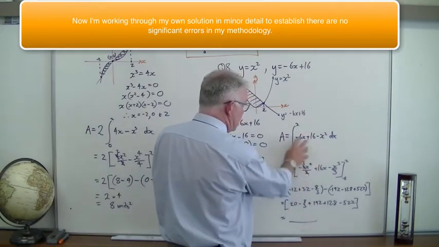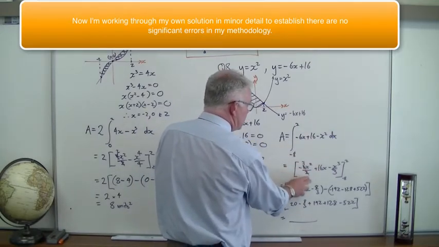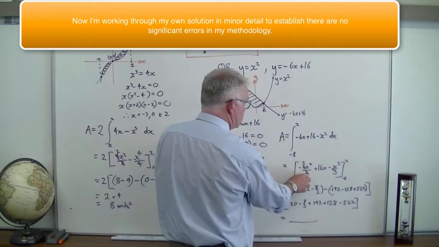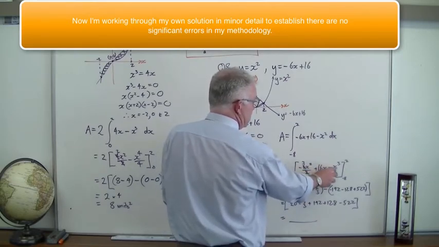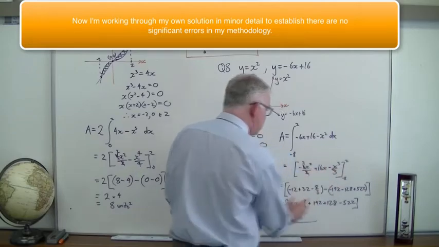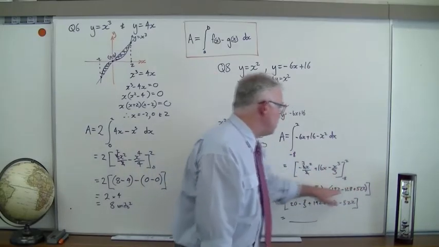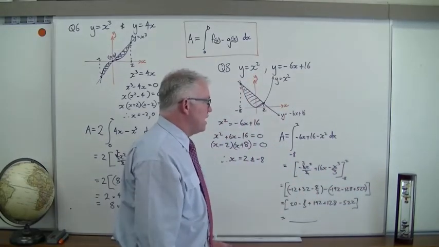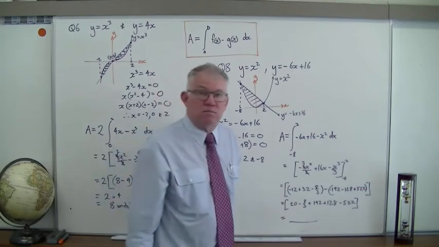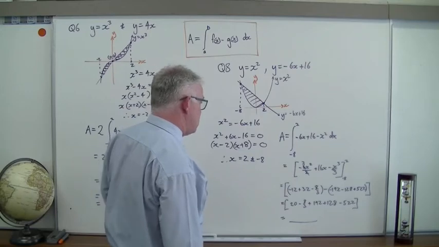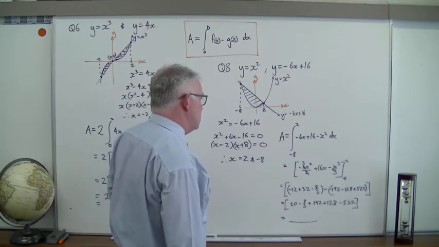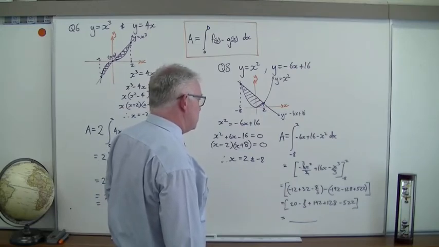And when I integrate that, I'll end up with minus 6x squared on 2 and plus 16x minus x cubed on 3. So I'm happy with everything there. It's just quite possible that in using my aged brain, I've made some small error. And you can double check that to see where the error is. And it's probably something really blindingly obvious.